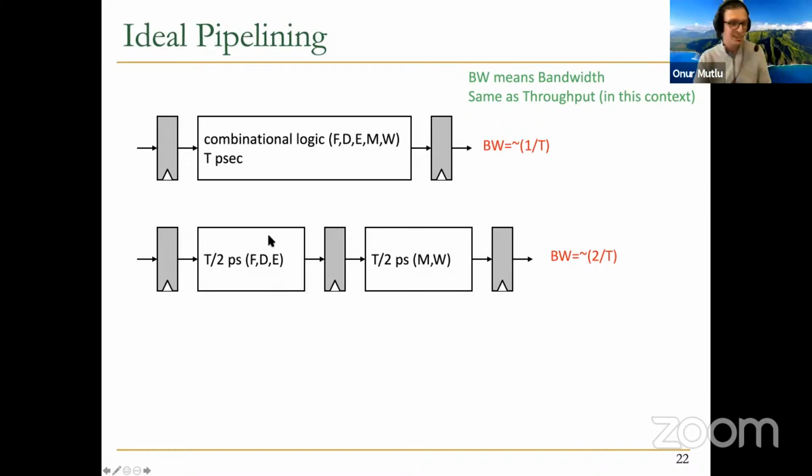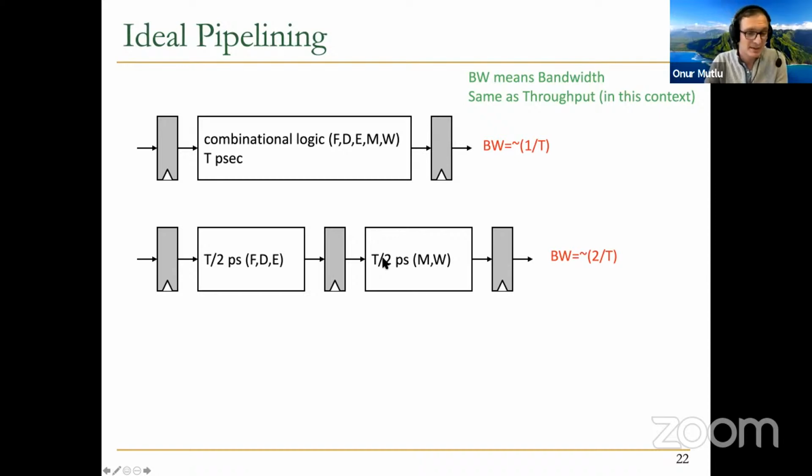And that's usually not easy, actually. But assume that you've ideally divided. Ideally, you should have t over 2 picoseconds over here and t over 2 picoseconds over here, and your throughput becomes 2 divided by t. Nice. And you don't lose any latency, right? Because your total latency is still t picoseconds to fetch, decode, execute, memory access, and write back. Now, you can clearly already see that this is a problem, right?